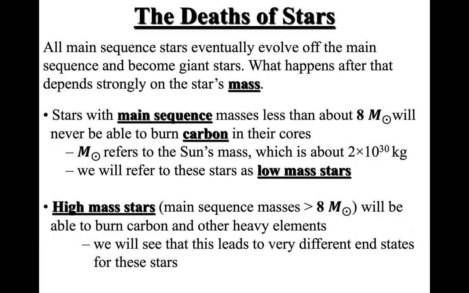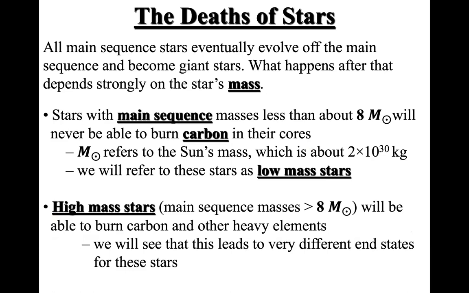Now, if you think about these main sequence stars in the HR diagram, they will evolve off the main sequence and become giant stars. This process is what we discussed yesterday. What happens after that basically depends on the mass of the star.